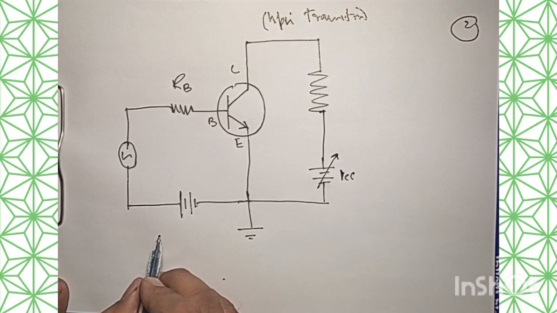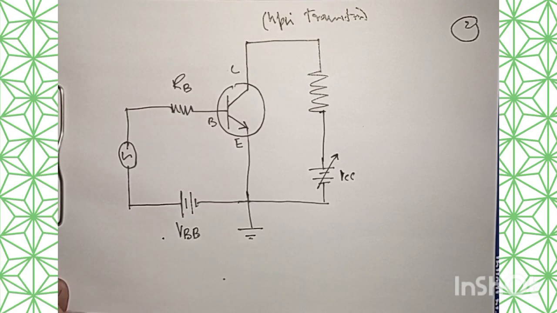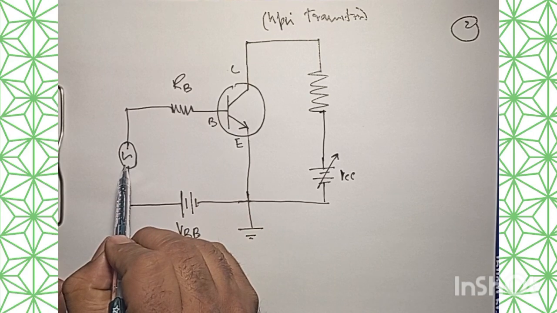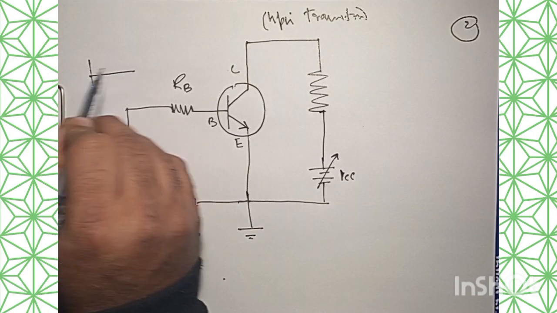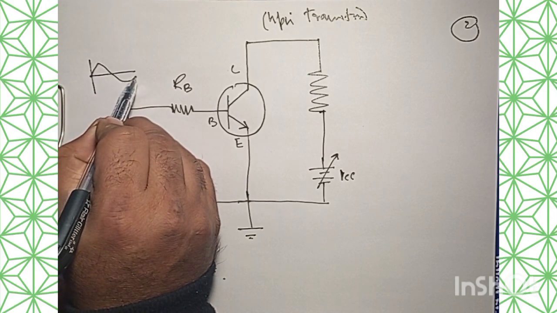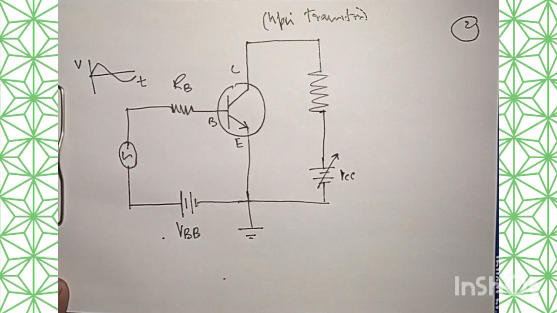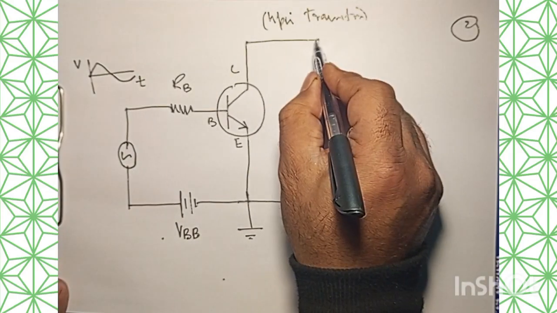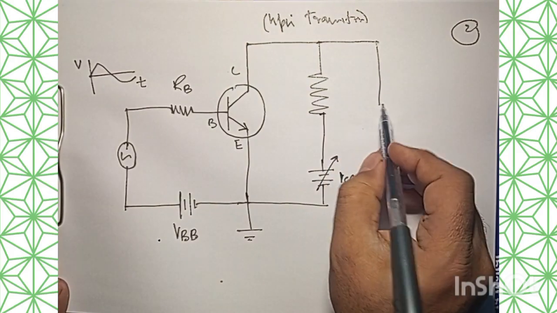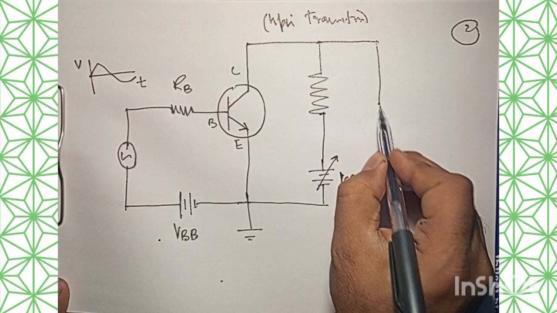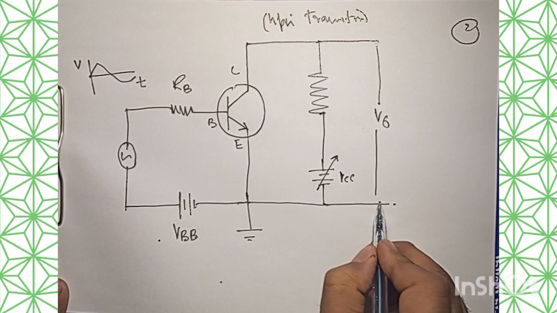So I will name this as VBB, as I did in the previous video, and here I'm going to give the input signal. So the input will be here. So let us assume that I have an input voltage with respect to time as this signal, and then finally we will have the output, and that output will be obtained across this load resistance, and that will be Vout. Right, that should be the case.